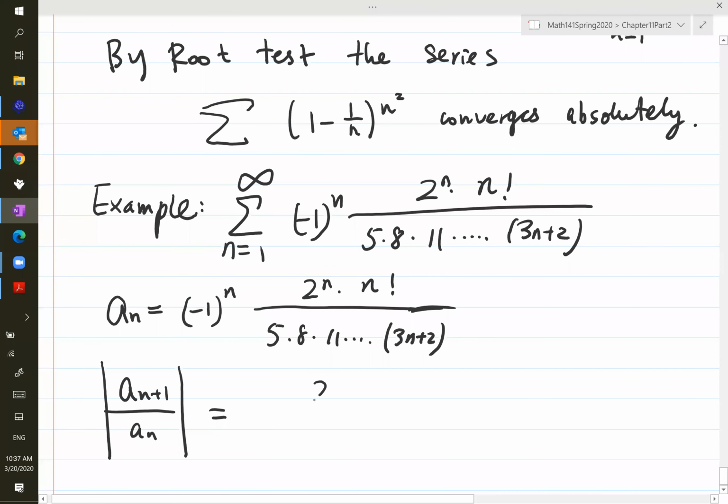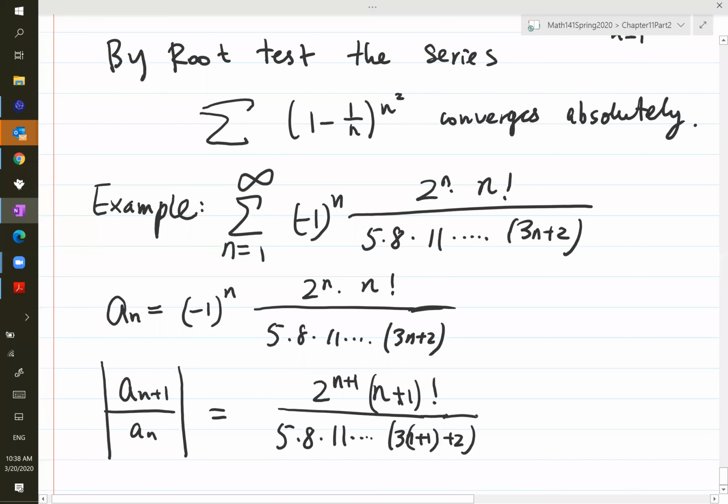This gives us 2 to the power n plus 1, times (n plus 1) factorial, over 5 times 8 times 11, etc., times (3n plus 2), times 3 times (n plus 1) plus 2. Now we divide by a_n, so we flip the numerator and denominator of a_n. The numerator becomes the denominator: 2 to the power n times n factorial, over 5 times 8 times 11, etc., times (3n plus 2).